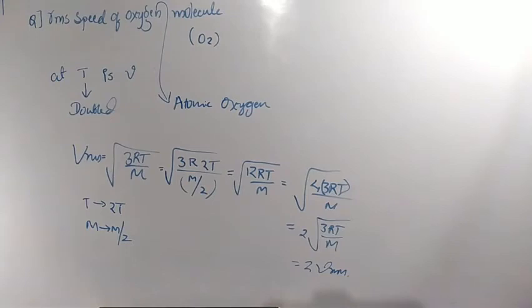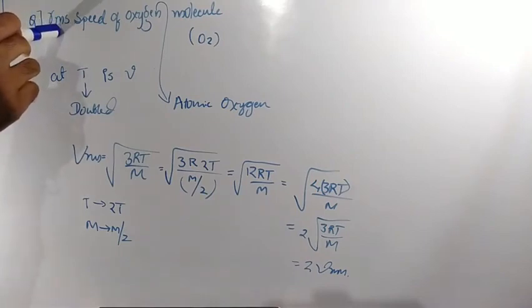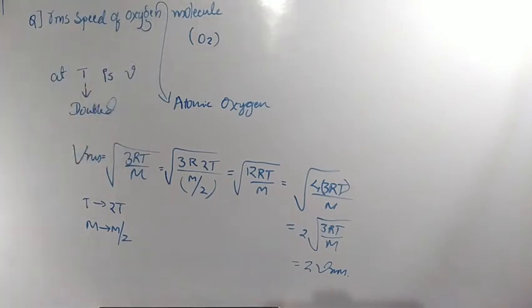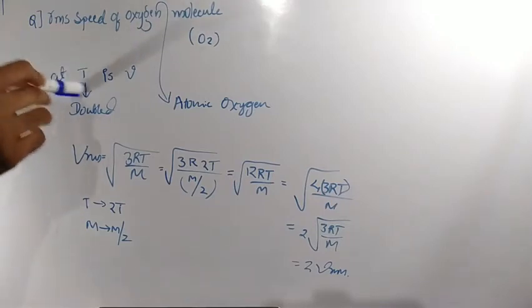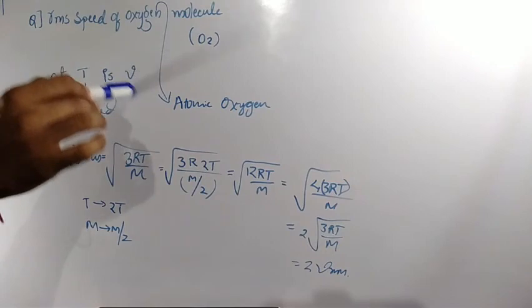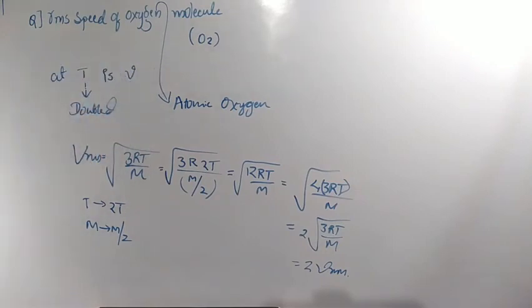The only value they had given is V. At some temperature T, they are telling that the root mean square speed of the oxygen molecule is V. And next they are telling, if the temperature value is doubled, what will happen to the VRMS value? That means this is the VRMS value in the initial case. Then when the temperature is doubled, what will happen to VRMS?